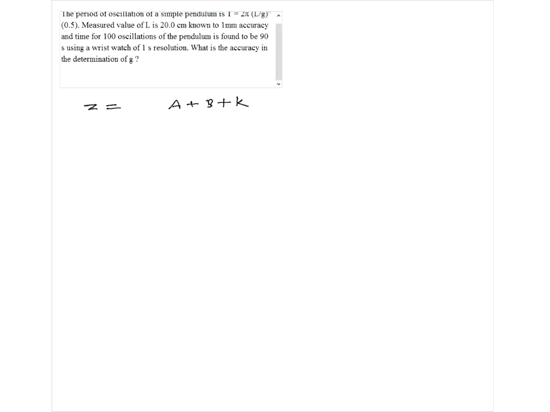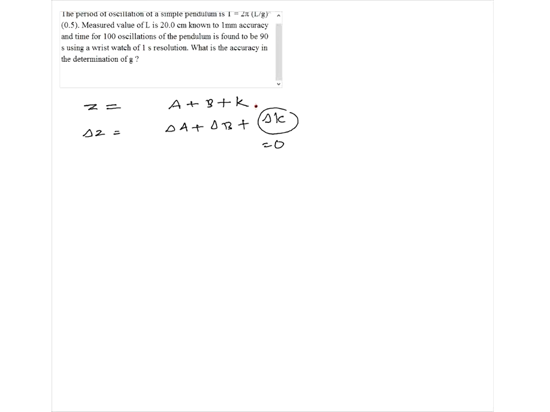Some fixed constant, not a measured value. So in such case, there is no uncertainty in k. It is not a measured number, right? So that's what happens in case of addition.